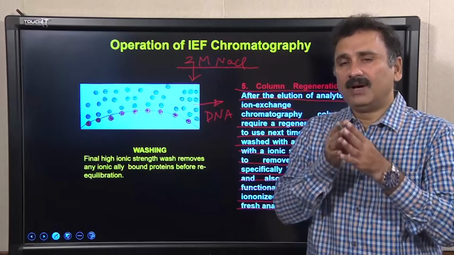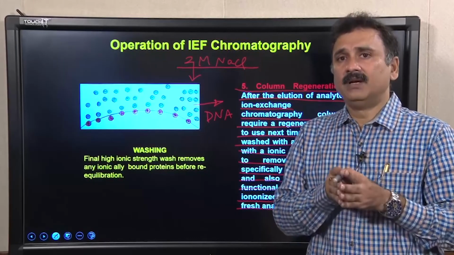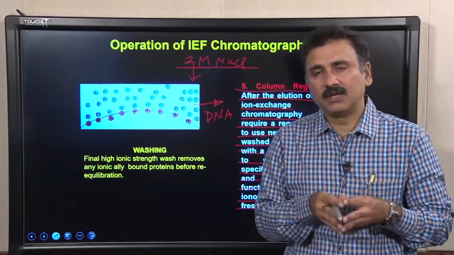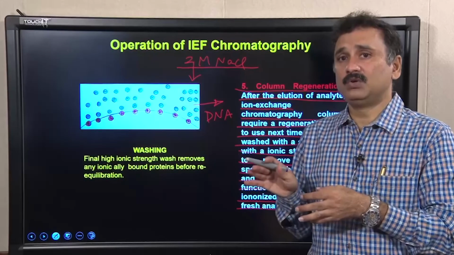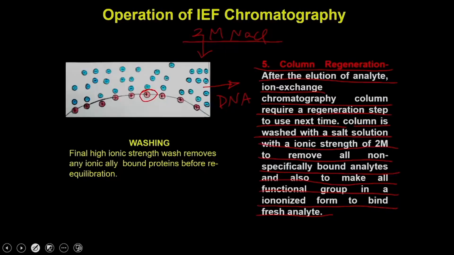That is why you have to wash these columns with a very strong salt solution, so that all the biological molecules are removed and the functional groups are free to bind the buffer ions, so that the column is ready for the next round of purification.